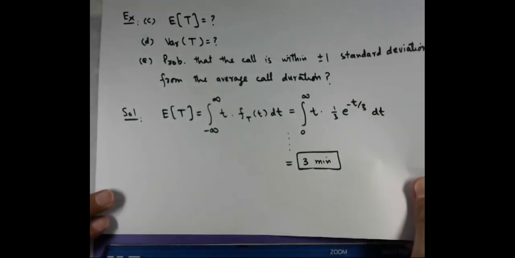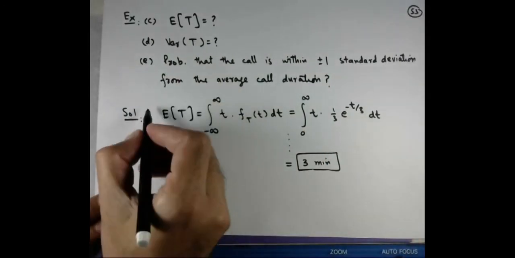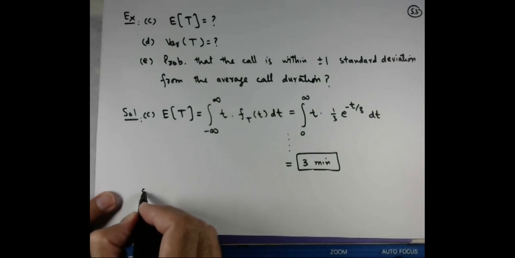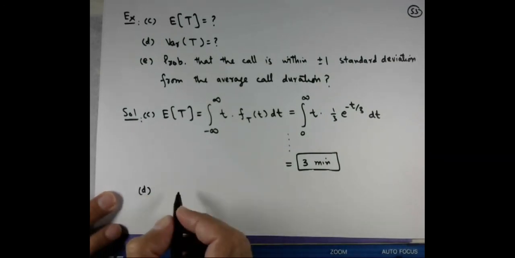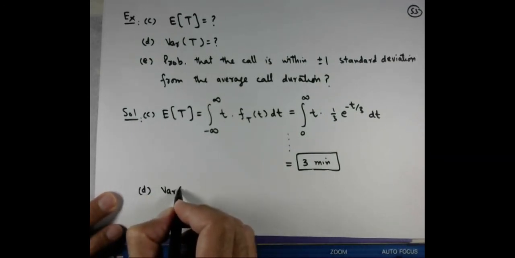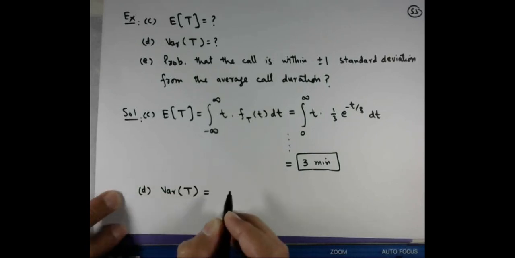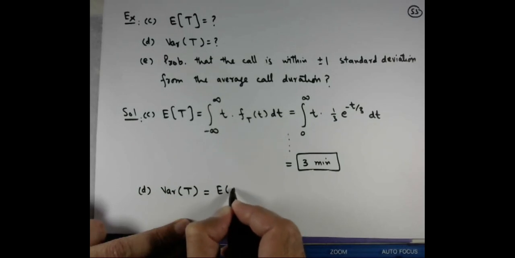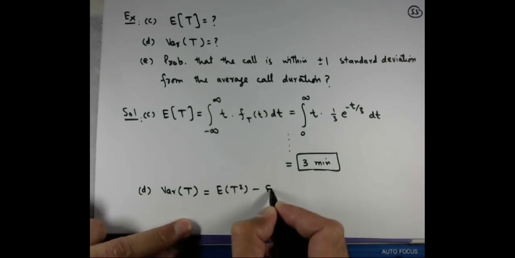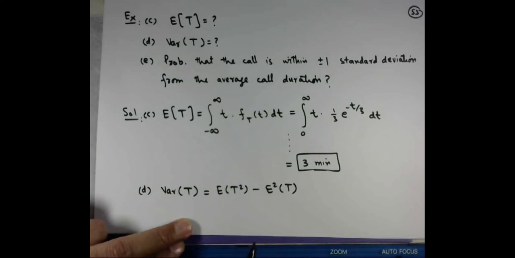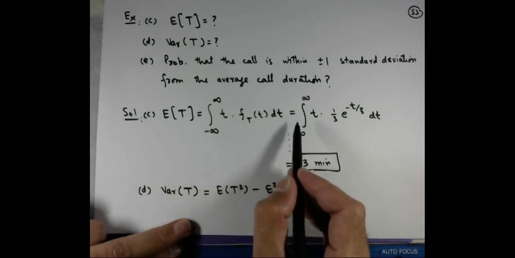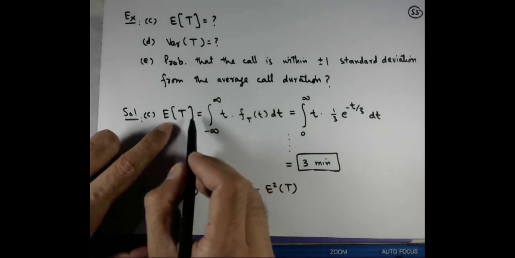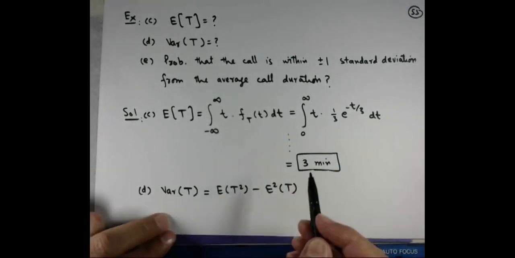Now, in the next part, to find the variance of the call duration is expectation of t square minus E square of t. You see here you have been able to find the expectation of t. You simply replace t with t square and do the integration.